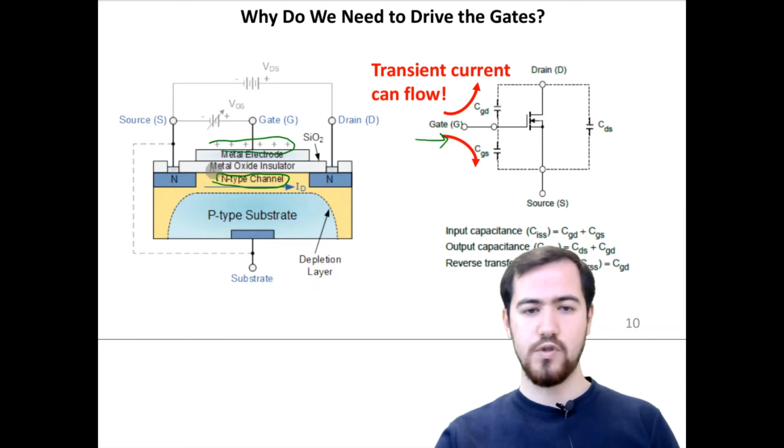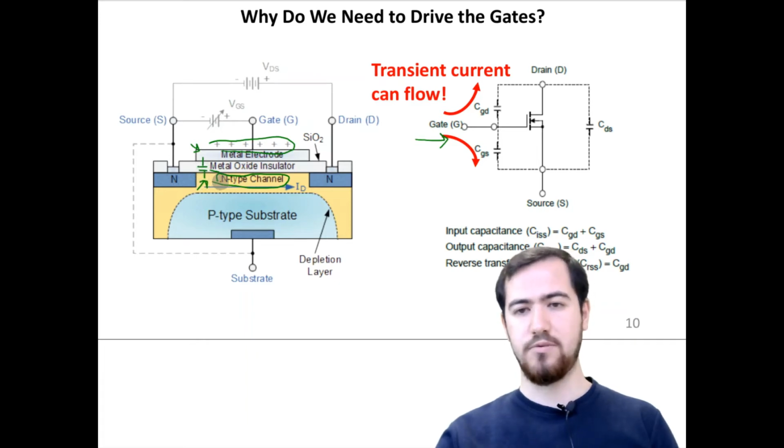However, here you see that there is a metal oxide insulator, which means that when we place a conductive component here, and another conductive component here, I mean the electrons, the isolation barrier between these two conductors causes some capacitive coupling.